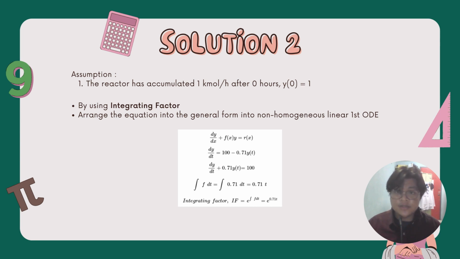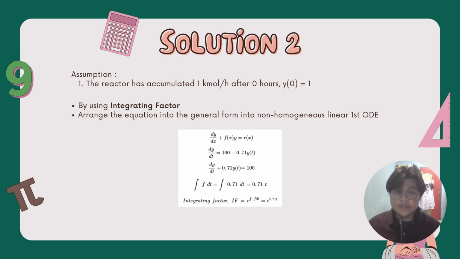y(0) equal to 1. By using the integrating factor, arrange the equation into the general form of a non-homogeneous linear first order equation, dy over dx plus f(x)y equal to r(x). Then we insert the numbers, and we get dy over dt equal to 100 minus 0.71 y(t).